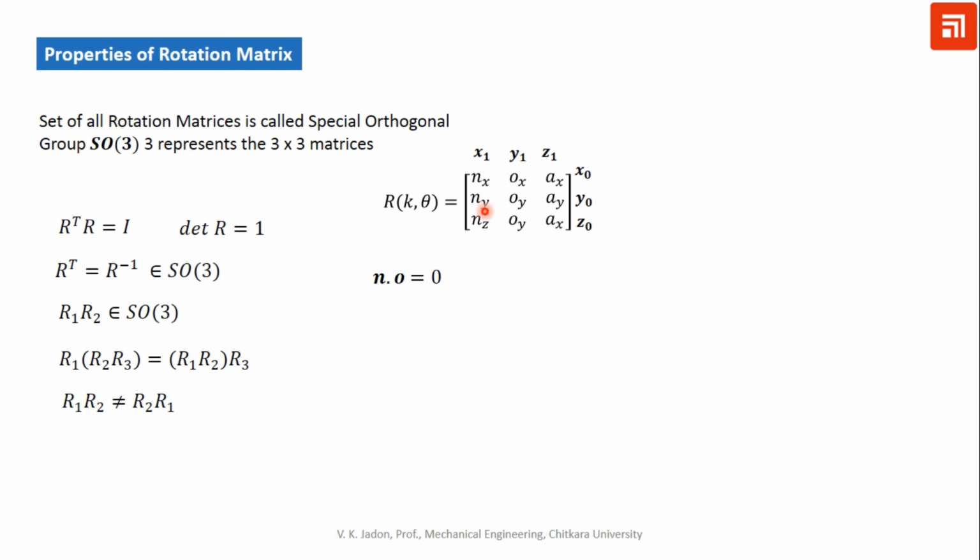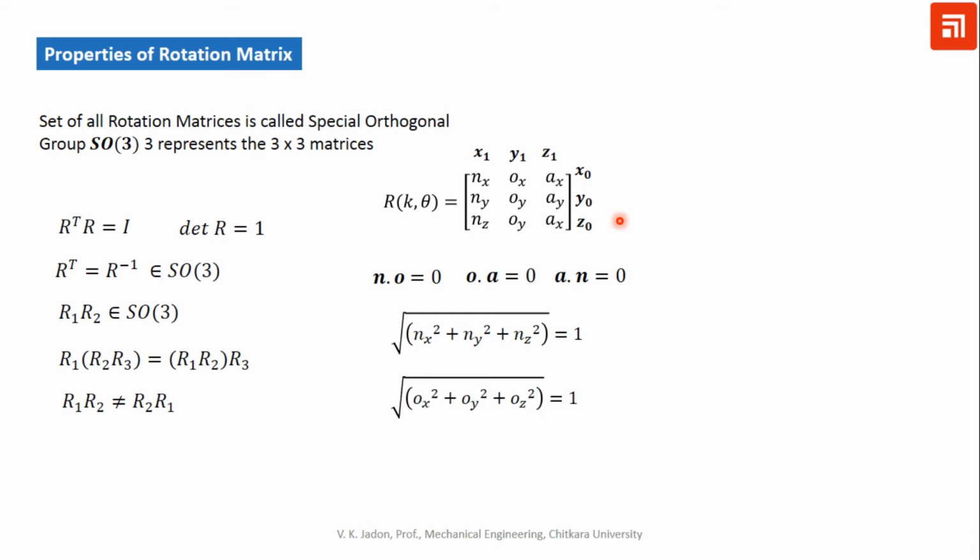The dot product of any two of these columns is always 0, so that is why it is orthogonal. And as nx, ny, nz are components of x1, its magnitude will always be unity, because x1, y1, z1 represent unit vectors of the moving frame, and x0, y0, z0 represent unit vectors of the fixed frame.